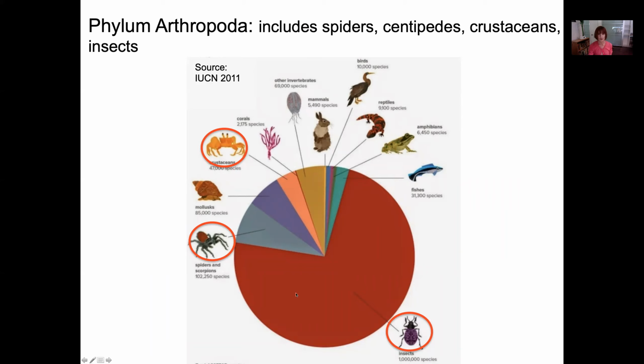But specifically, now that we're talking about arthropods, this includes all the true insects and also arachnids, which includes spiders and scorpions, and crustaceans, which includes things like crabs and lobsters and friends. And it also includes centipedes, though they're not a big enough group to go on this pie. They're just a tiny slice of the pie. But really the point is that this is an incredibly diverse group in terms of species numbers.